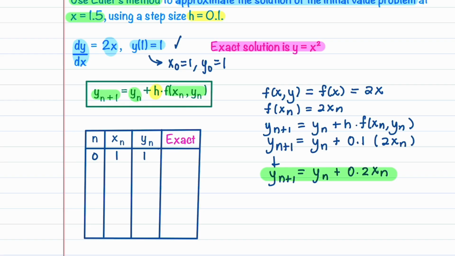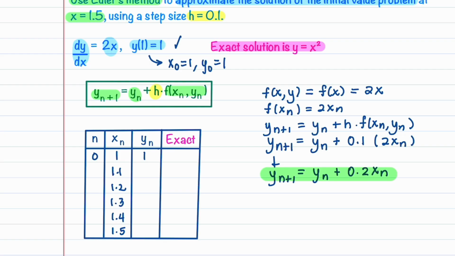We want to find an approximate solution at x is equal to 1.5, and our step size is 0.1. So x is going to be 1.1, 1.2, and then 1.3, 1.4, and 1.5. We're just adding our step size onto each value of x.